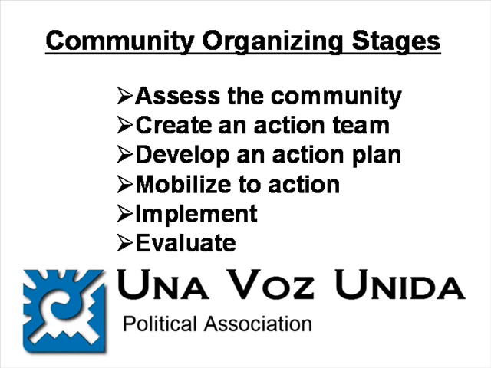That action team will then create action plans to tackle a certain topic or a certain issue that is of importance. Once that action plan has been developed, then there's the mobilization to action, and that's getting people involved to rally around what we're trying to accomplish.